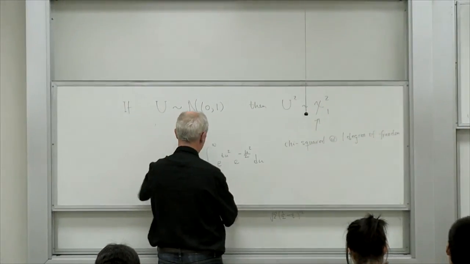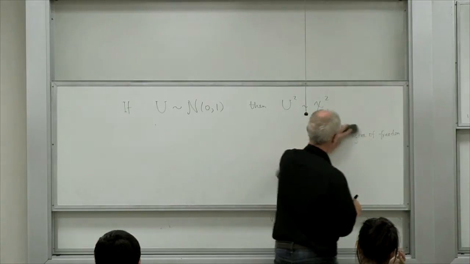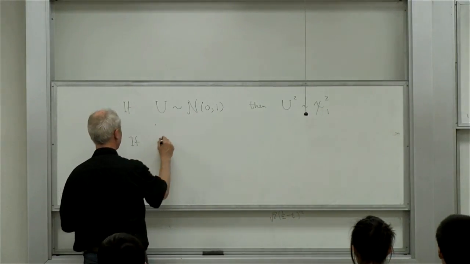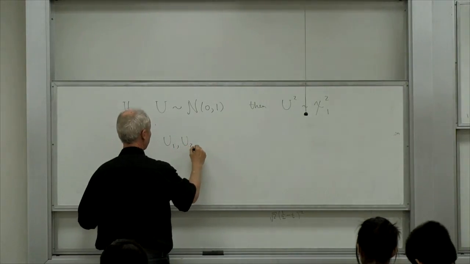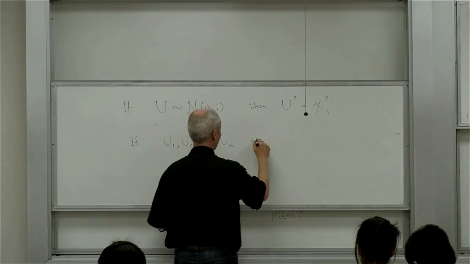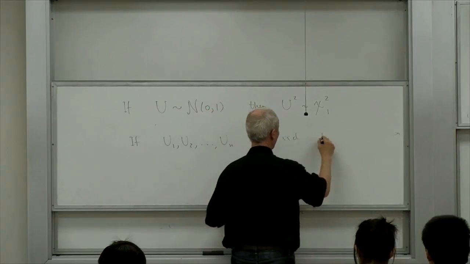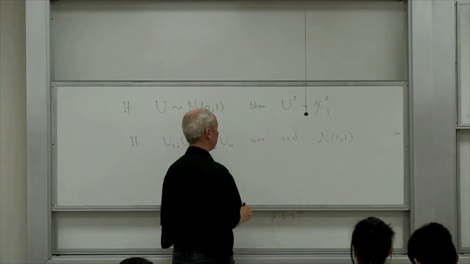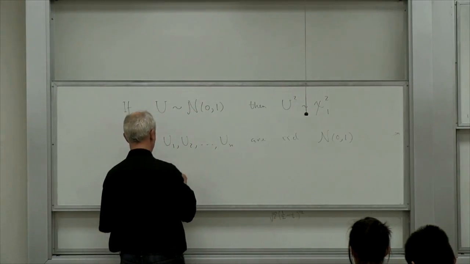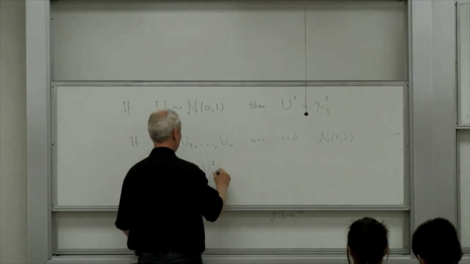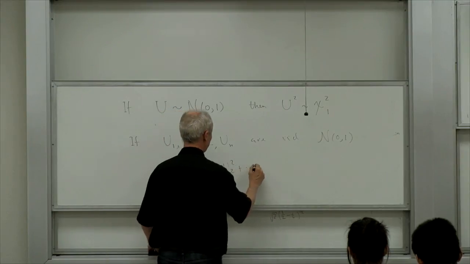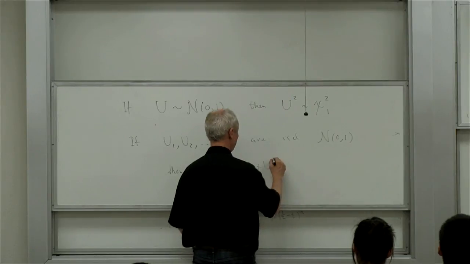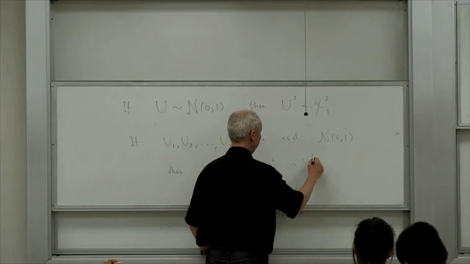Now quickly, if u1 through un are IID normal, mean 0 and variance 1, then u1 squared plus u2 squared plus up to un squared is called chi squared with n degrees of freedom.